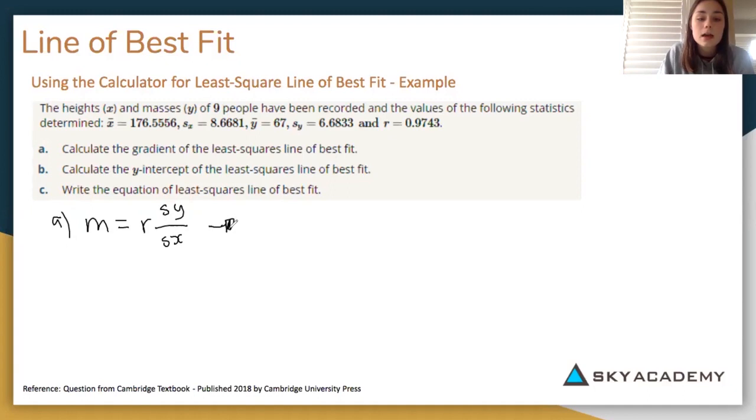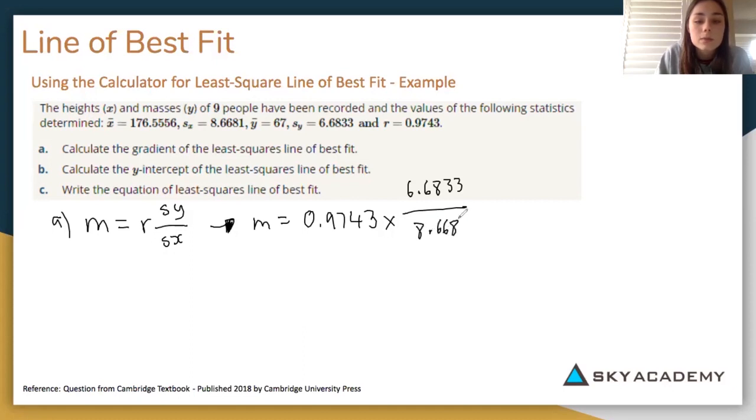So now we can sub the values they have given us into that equation. So we can go M equals R, which is 0.9743, times SY, which is 6.6833, over SX, which is 8.6681.